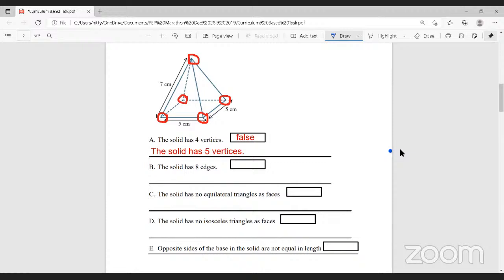The side parts, for real? The side parts looks like the faces. I don't know. Let's think about a proper definition for an edge. What is an edge? Yes, Pinky. Yes. Very good.